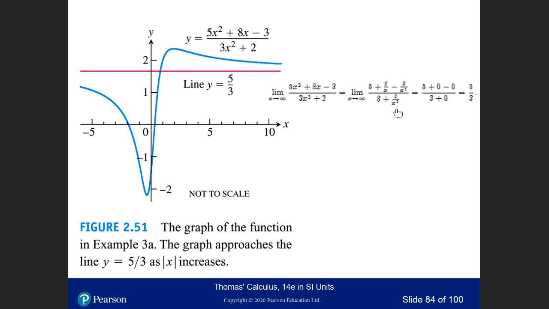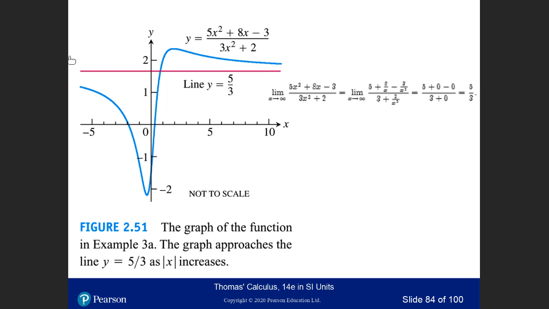Now these terms go to 0: 8 over x, 3 over x squared, 2 over x squared all go to 0, and your limit is 5 over 3. So your function approaches 5 over 3 as you move to infinity.